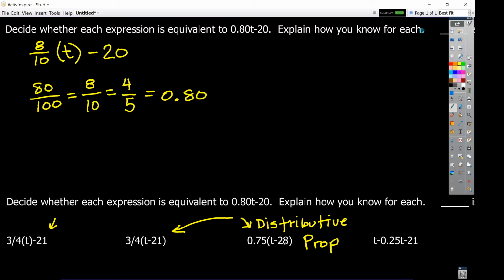So we're going to move on to the third choice, which will force us to look at an equivalent version of this expression where we need distributive property.